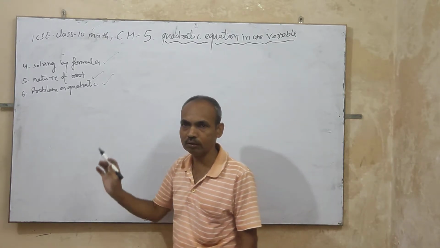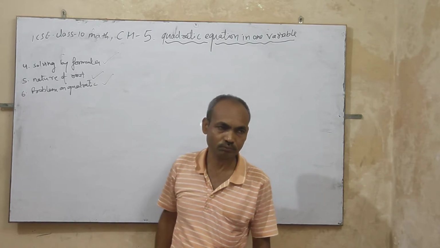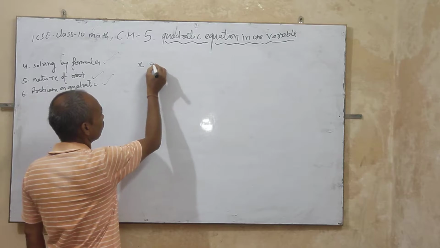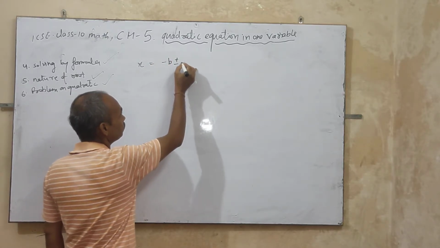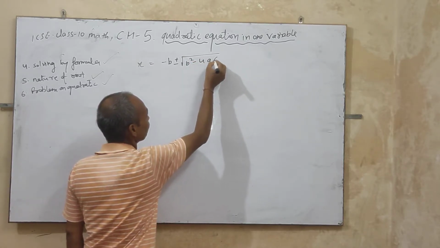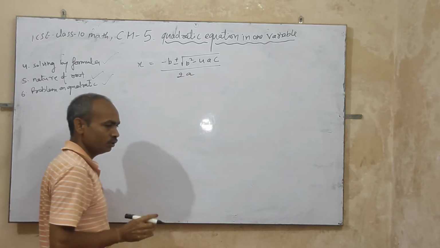It is a very simple formula known as the Sridharacharya formula: x equals minus b plus or minus the square root of b square minus 4ac, upon 2a.